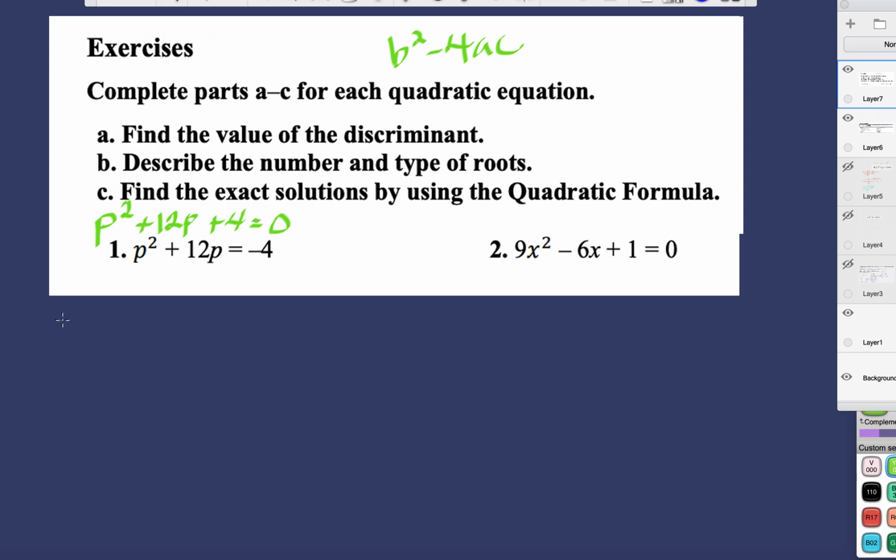So b squared, 12 squared, minus 4 times a, which is 1, times c, which is 4. That's 144, which is 12 squared, minus 4 times 4, which is 16. 144 minus 16 is going to give me 128.